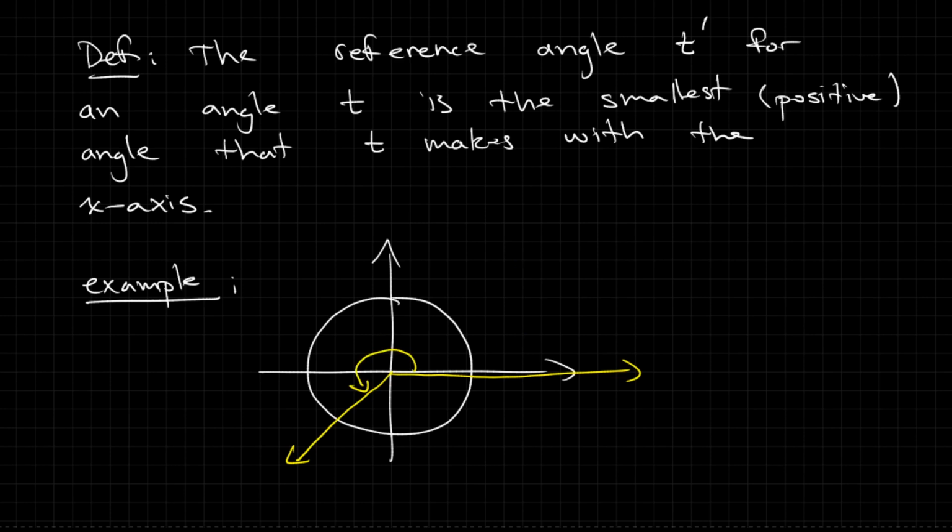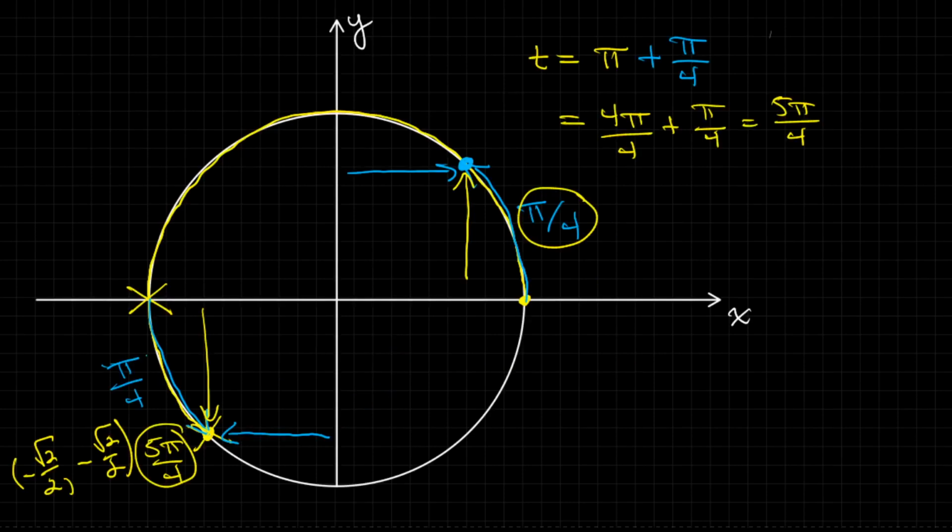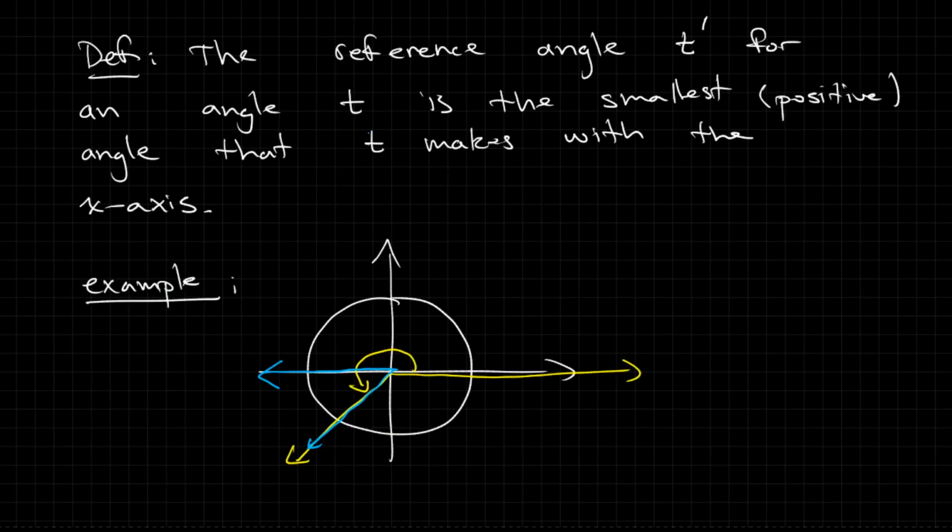Now the reference angle is going to be the smallest positive angle made with the x-axis. So that's going to be whatever this blue angle is. And we discussed previously that that angle is pi over 4.